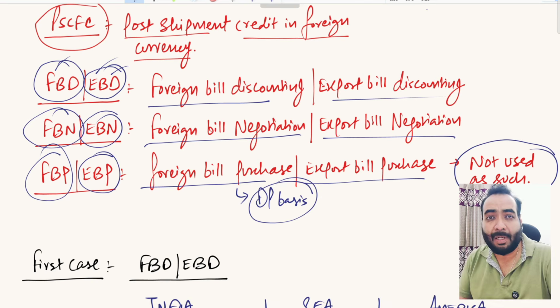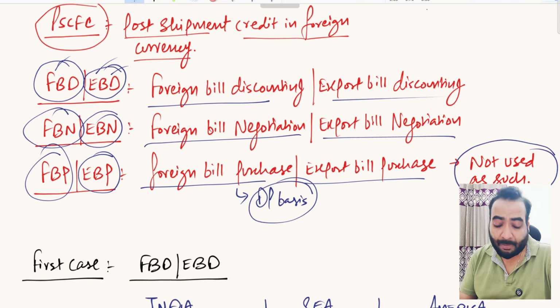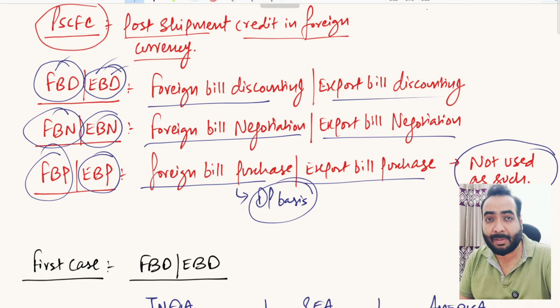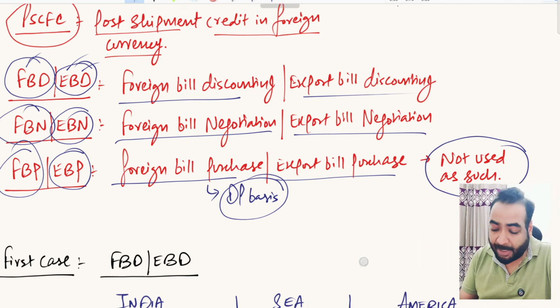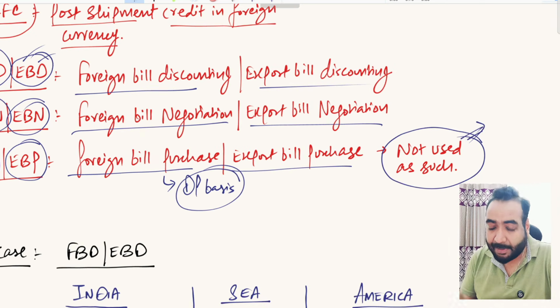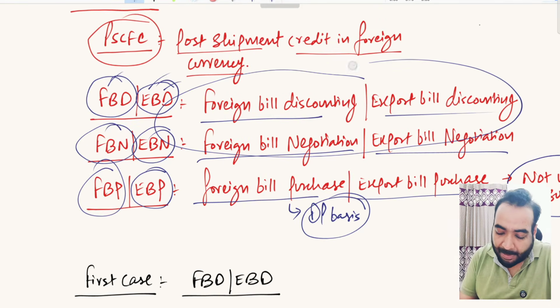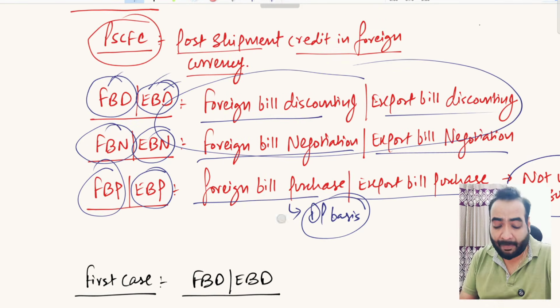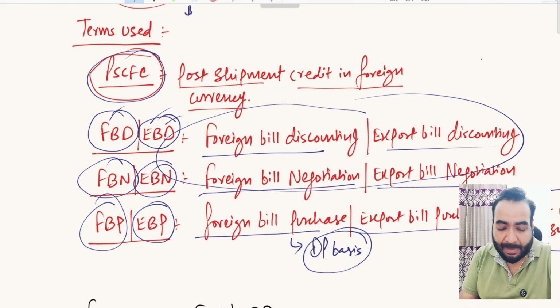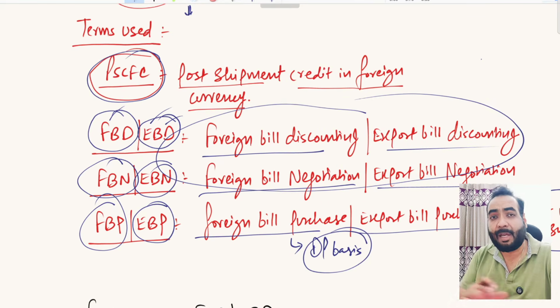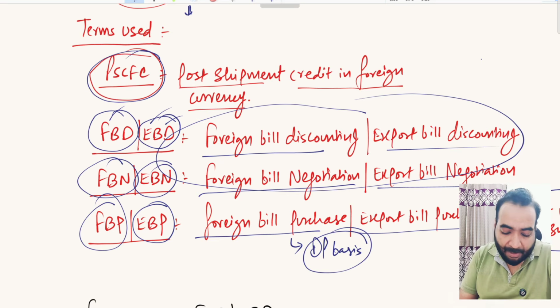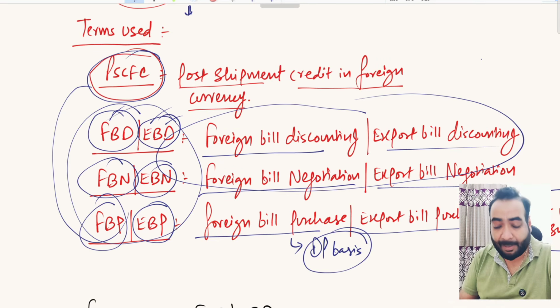One of you must say, sir, you have told in previous videos that in DP basis post shipment finance is not possible. Now you are saying that FBP facility is for the DP basis terms only. That is why I am also saying that this facility is not practically used by the bankers. So only these two facilities are termed as post-shipment finance. PSC is basically a broader name of this facility which covers all these three facilities.